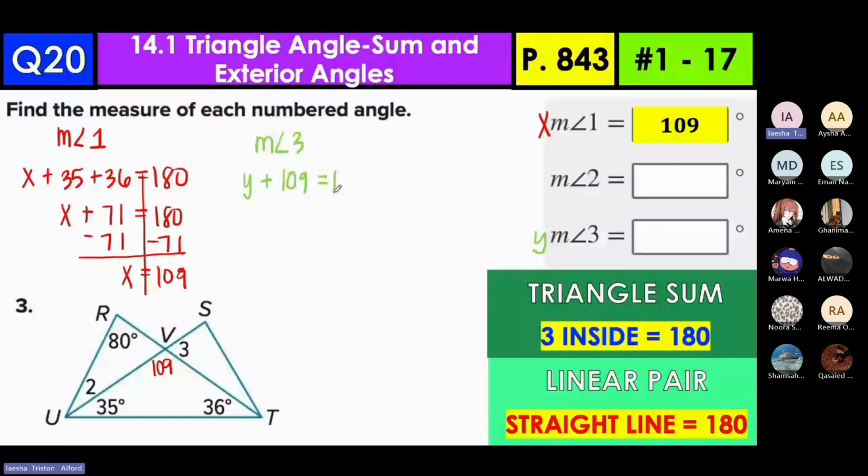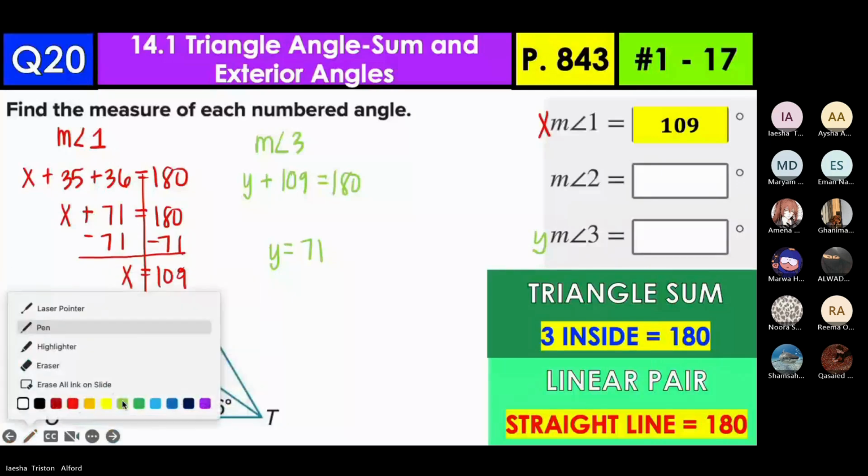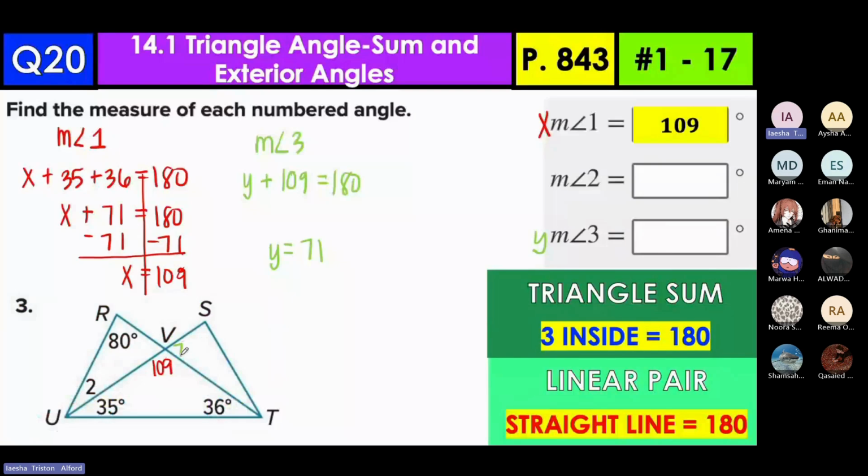Solve it. You're going to get y is equal to 71. Okay, so go back to your picture. Erase the 3. You could put 71 here.